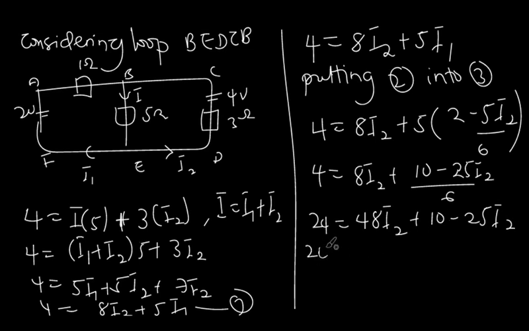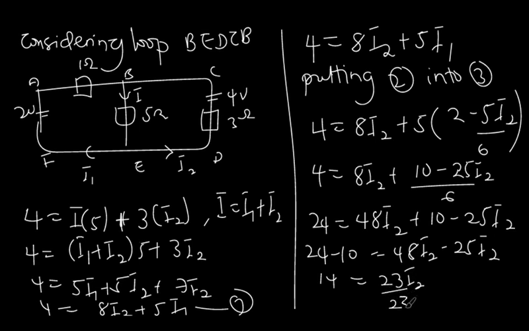So this means we can bring the 10 over here. So we have 24 minus 10 is equal to 48I2 minus 25I2. So this means we have 14 is equal to 23I2. So we divide both sides by 23. Okay, so we have our I2 to be equal to 0.61 ampere.